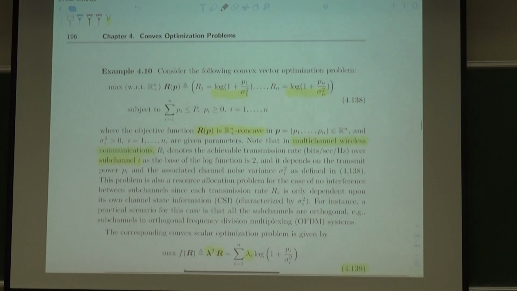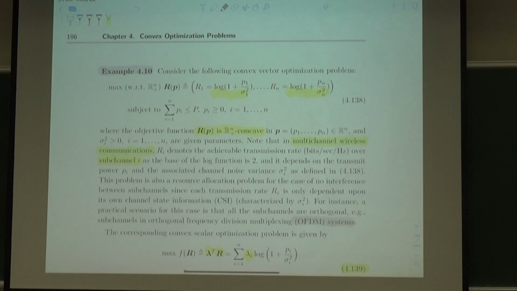This is another example to illustrate what I said. This is a multi-channel communication, where there are many subchannels. For example, in an OFDM system, a communication modulation technique, you divide your transmission band into many small bands, which then you have a subchannel allocated to the different users.